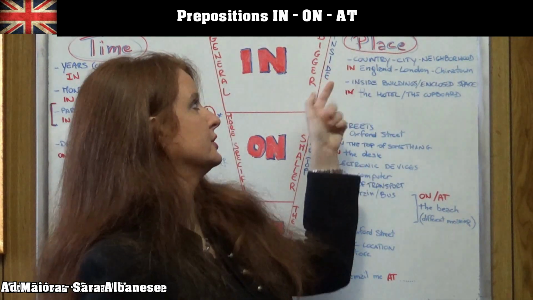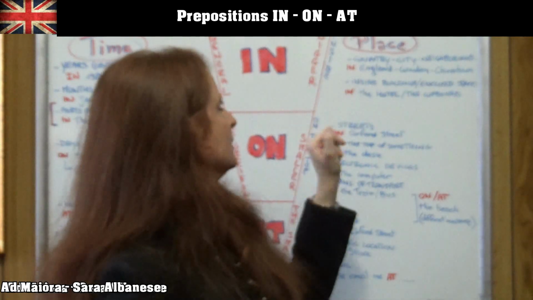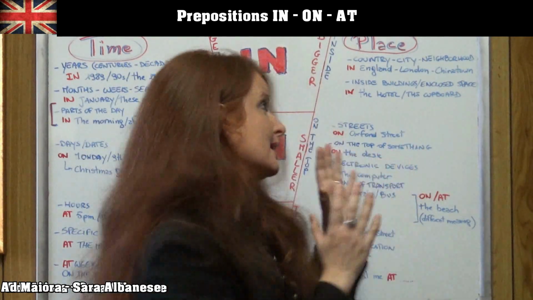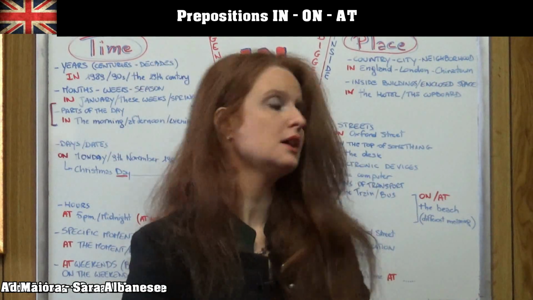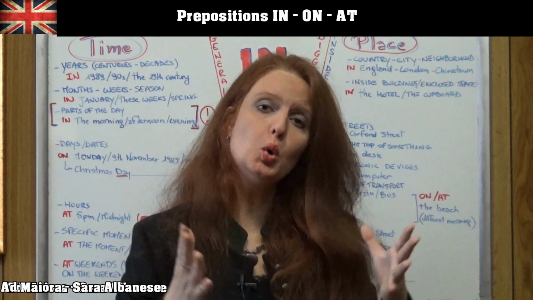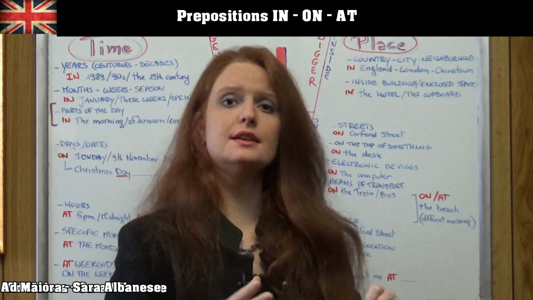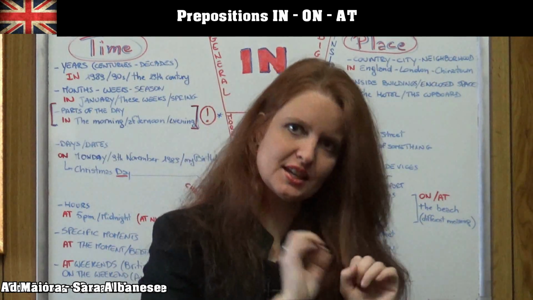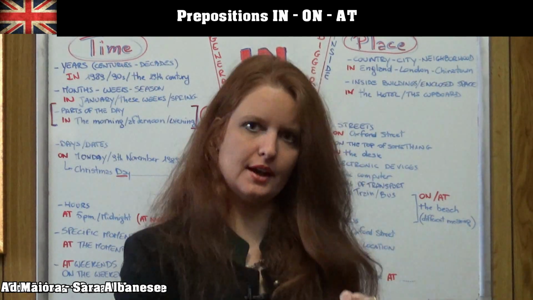You can find another definition here in blue, and you find the word inside. So it doesn't only express large spaces, but also spaces which contain something that is inside that space. We'll see that.